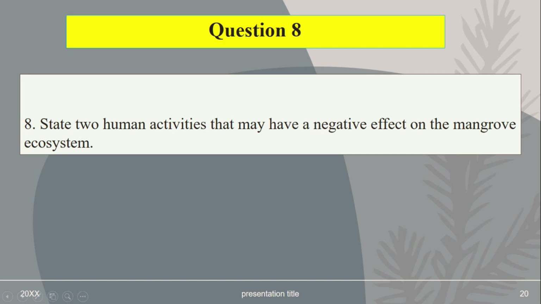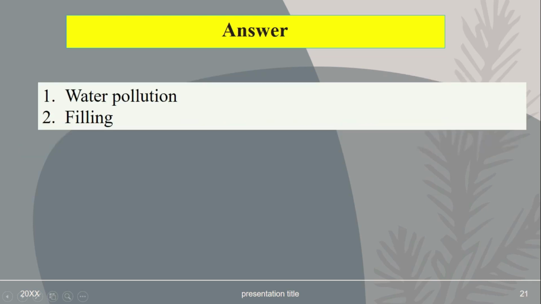All right. So two human activities that may affect that is water pollution. Garbage, fertilizer, nutrients seeping into the water and you cause eutrophication.